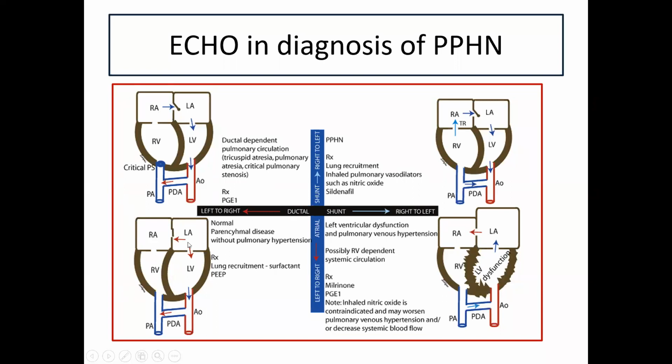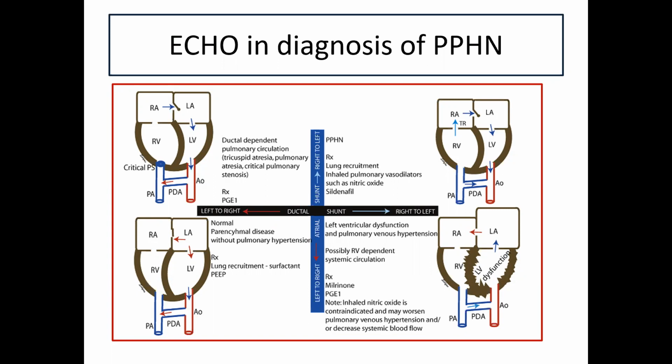Now, if we were to find left to right shunt across both the transatrial as well as the ductal shunts, why do we still have hypoxia? Then obviously, the reason for hypoxia is from the parenchymal part and not because of the extrapulmonary shunts. The direction of shunt in a normal person also would be left to right across both the PFO and the PDA.